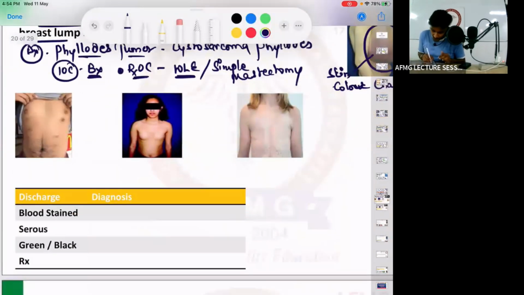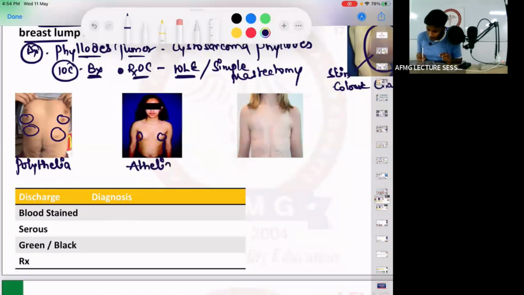If there are multiple nipples in the patient, it is called polythelia. If there is presence of breast but absence of nipple, it is called athelia. What do you call breast development in puberty? Thelarche.